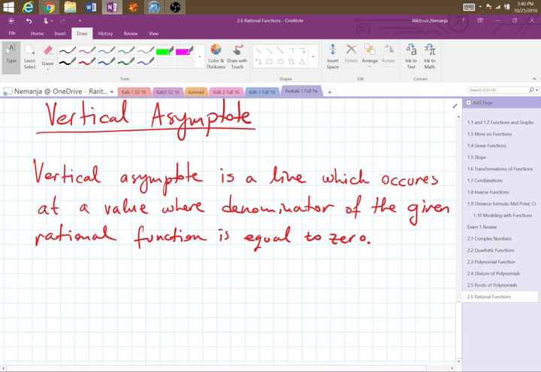So just to illustrate how this works, let's say you have f of x equals 1 over x, the cheapest possible function. You will set x equal to 0, which will give you that the vertical asymptote is at x equals 0. Remember that vertical lines have equation x equals a number.